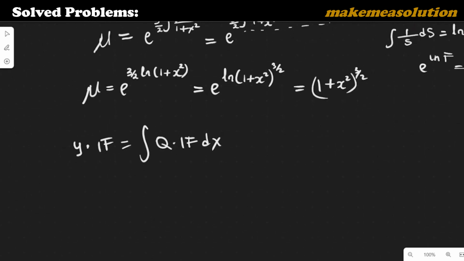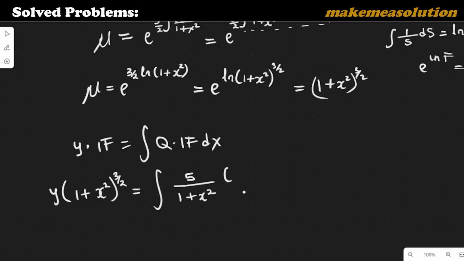So our y multiplied by 1 plus x squared raised to the power of 3 over 2 is equal to the integral of 5 over 1 plus x squared. Then you now have to multiply it by 1 plus x squared raised to the power of 3 over 2 dx.